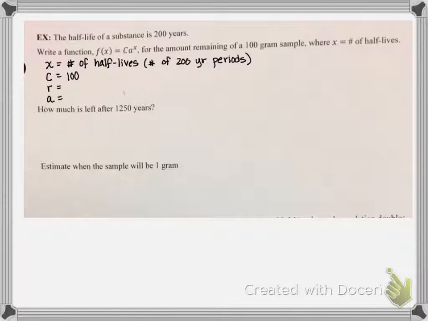And R is our decay rate, which in this case is negative 50%. It's decay, which is why that rate is negative, and it's 50% because the half-life refers to how long it takes to decay by 50%, so decay by half. So this is negative 0.5, and that means A is 1 plus negative 0.5, which is 0.5.